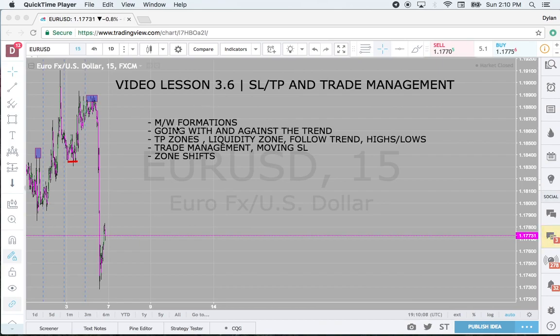So, we will be discussing going with and against the trend, setting stop loss, and managing the trade for both scenarios.